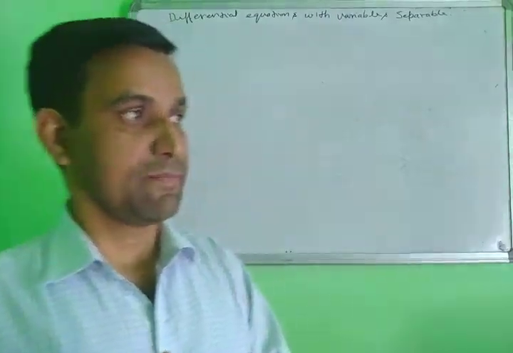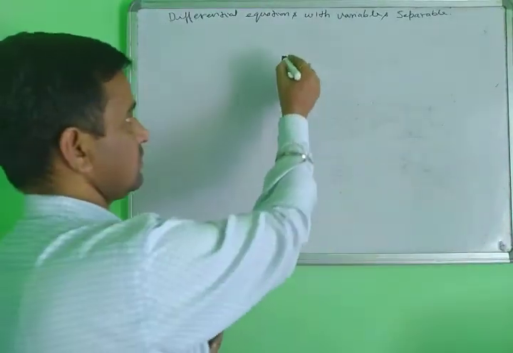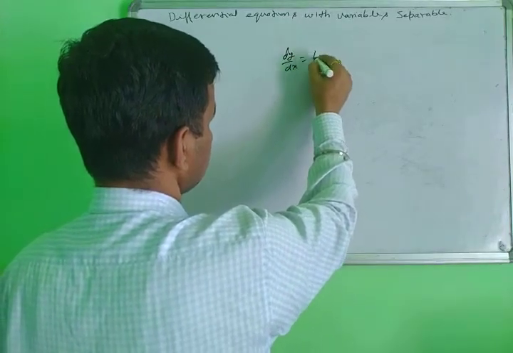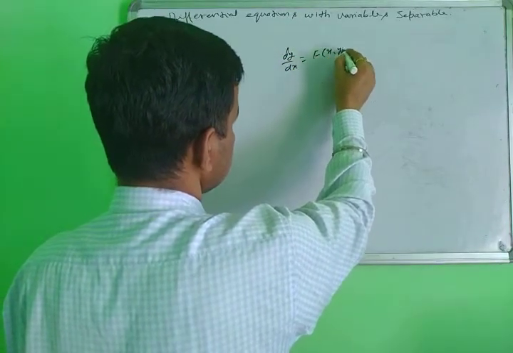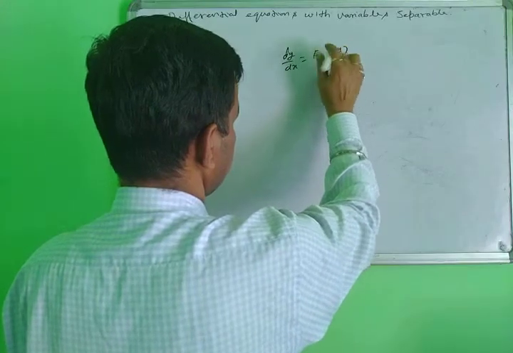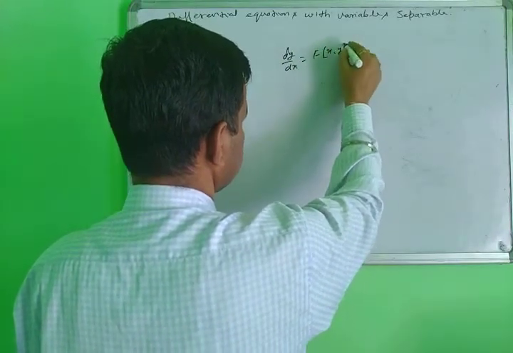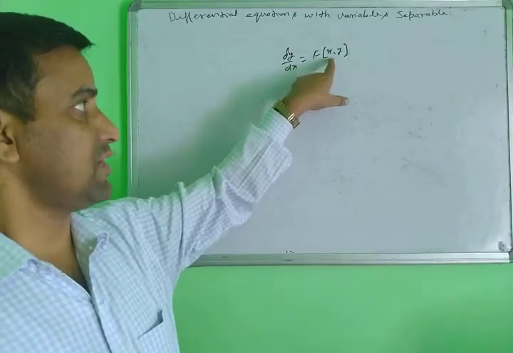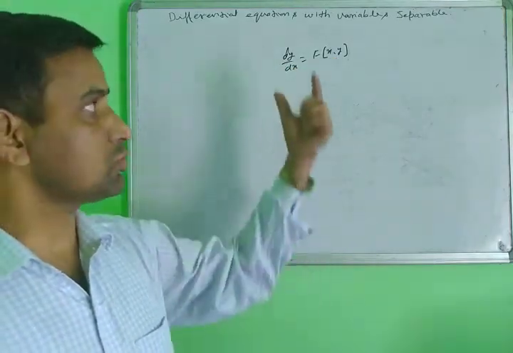Now look here, suppose dy over dx equals some equation is given here. Suppose this is a first order first degree differential equation. So how to solve these equations?